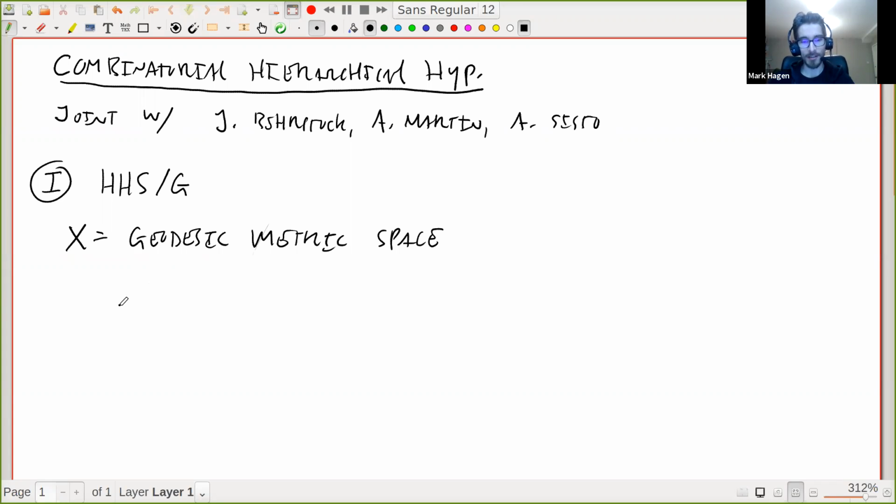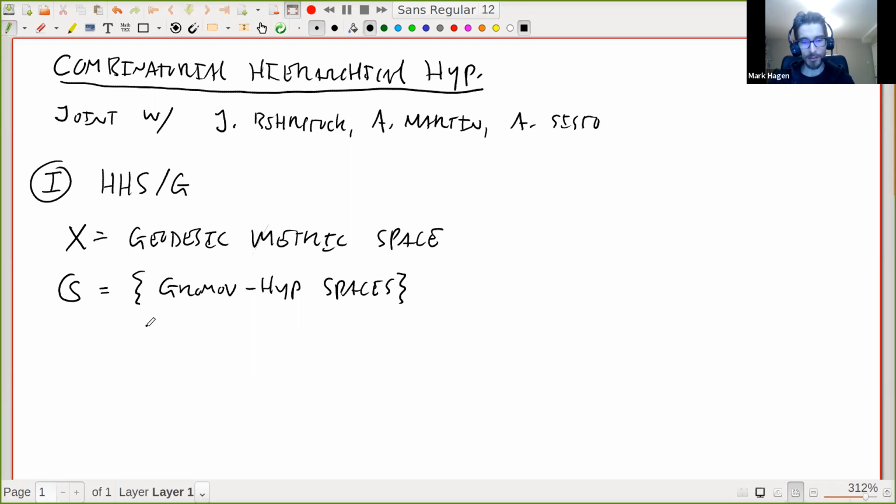So the HHS structure: we have fancy S, which is a set of Gromov hyperbolic spaces. When I say Gromov hyperbolic spaces, there's an implied constant, the delta in delta-hyperbolicity, and I want the same delta to work for all of the spaces in my collection. So these are uniformly hyperbolic spaces.